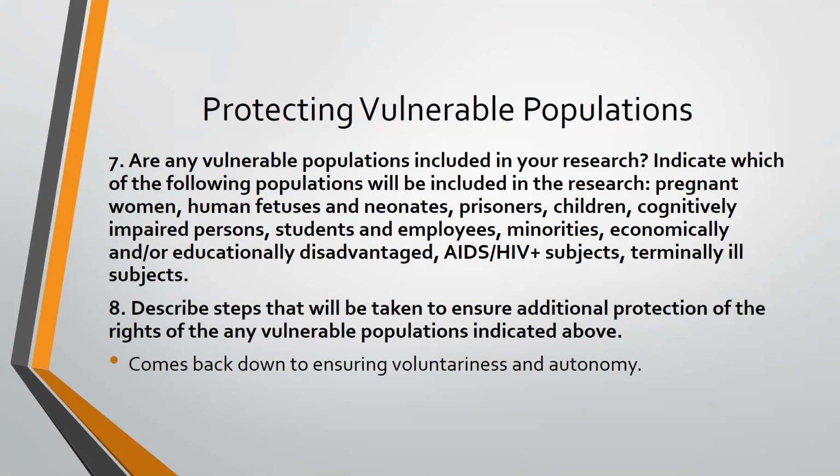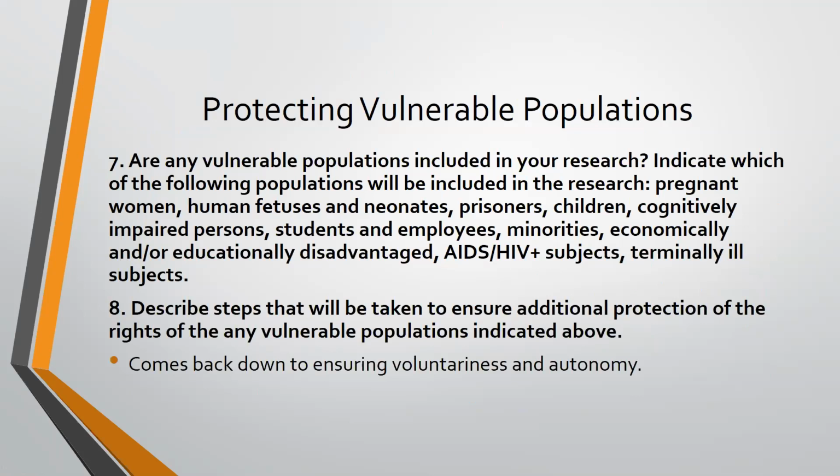Protecting vulnerable populations. So are any vulnerable populations included in your research? Indicate which of the following populations will be included, if so. And so the list that follows are all the populations that IRB considers to be, quote, protected and need extra rights and considerations over the rest of the public. So pregnant women, human fetuses or neonates, prisoners, children, cognitively impaired persons.